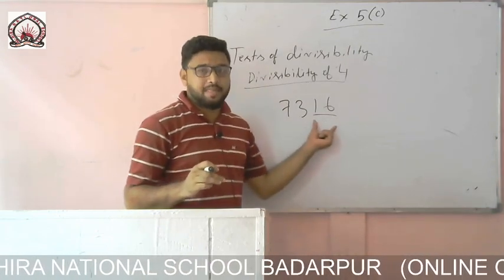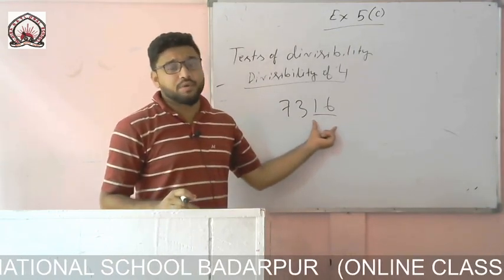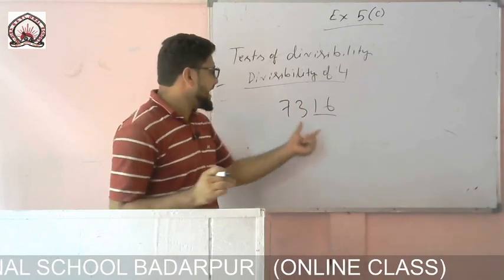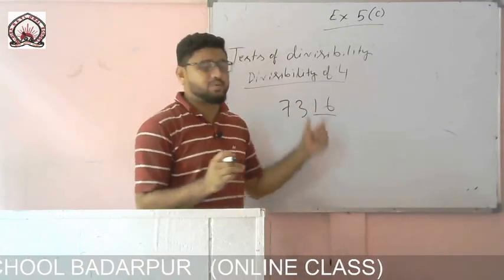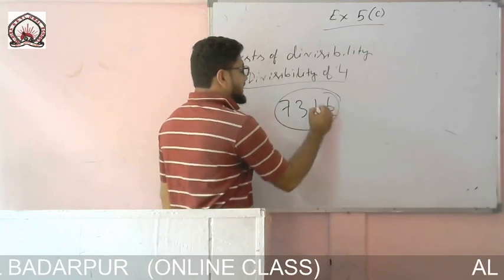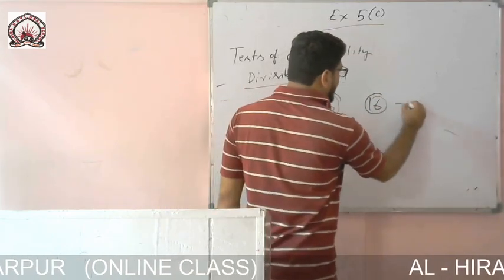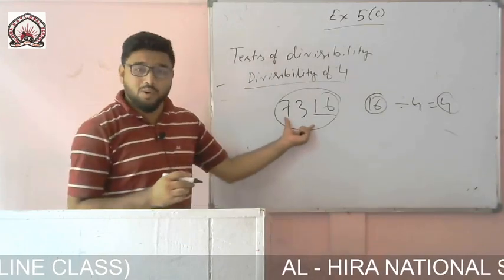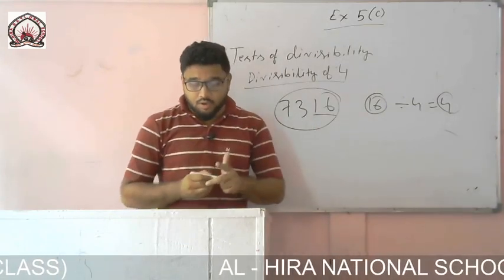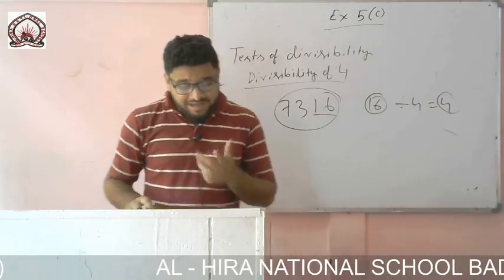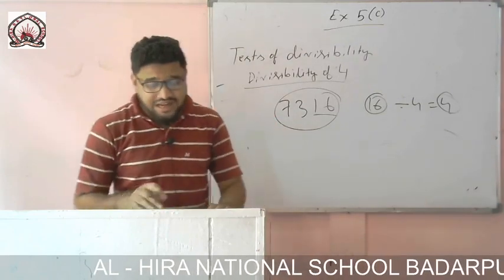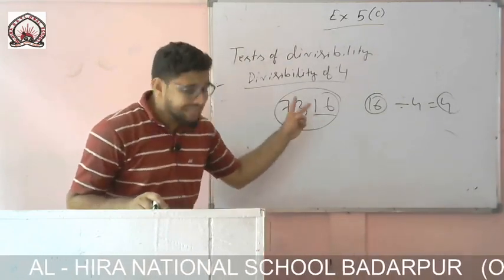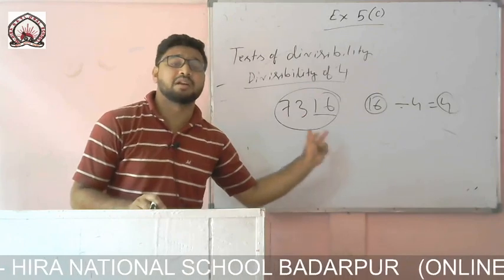This 16 is divisible by 4 because 4 4s are 16. Then 7316, the whole number, is divisible by 4. So the divisibility of 4: a number is divisible by 4 if the number formed by its last 2 digits is divisible by 4.